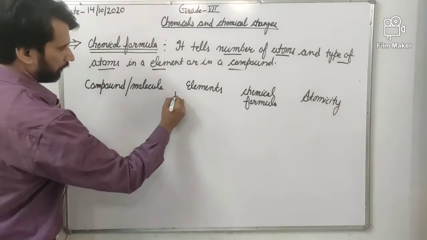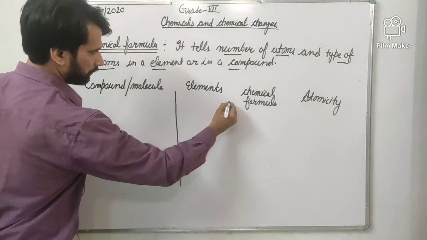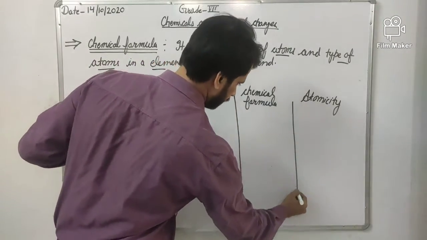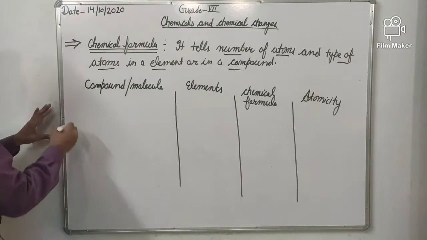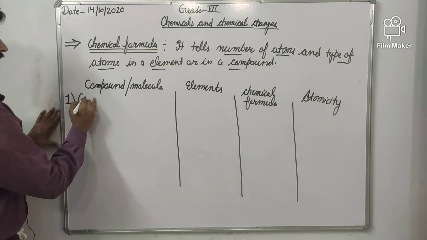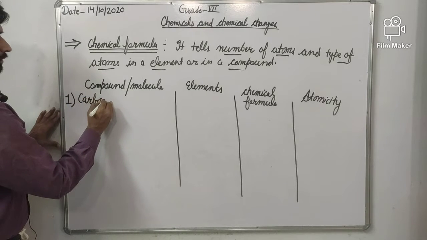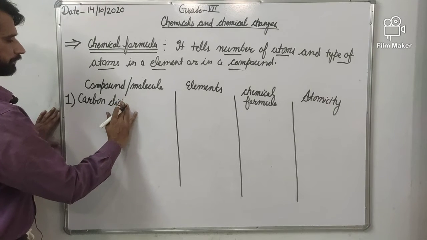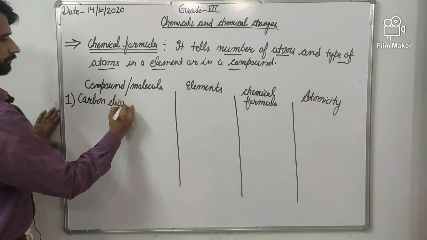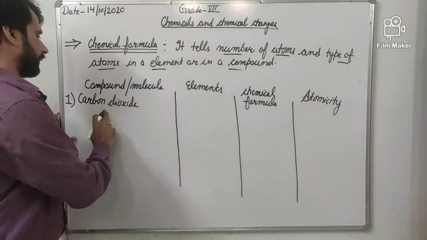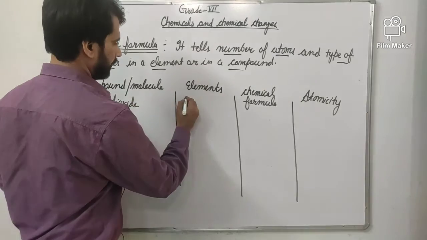More examples of chemical formulas. After water, the next example is carbon dioxide. Which are the elements in carbon dioxide?